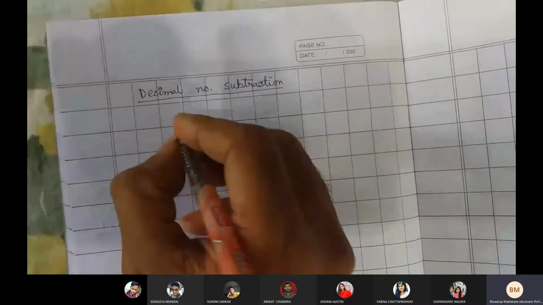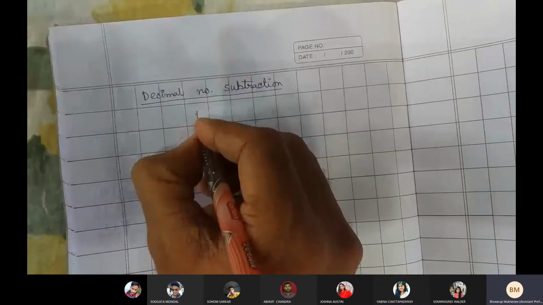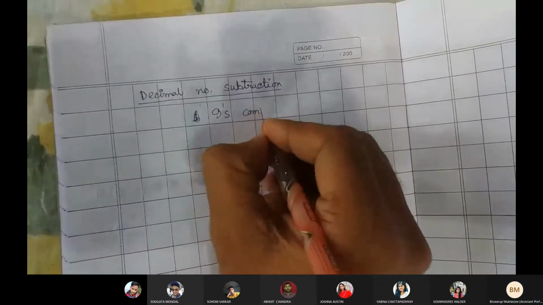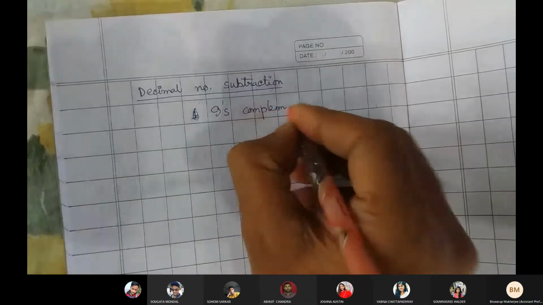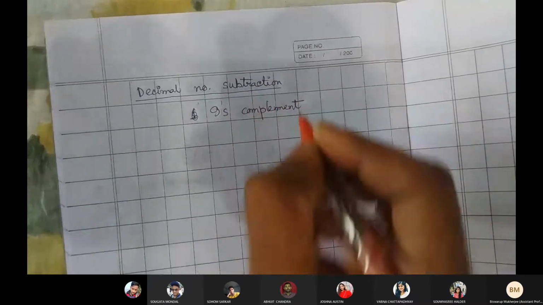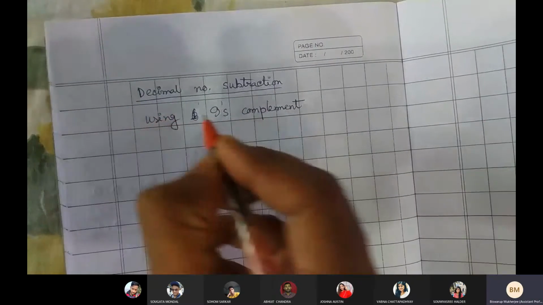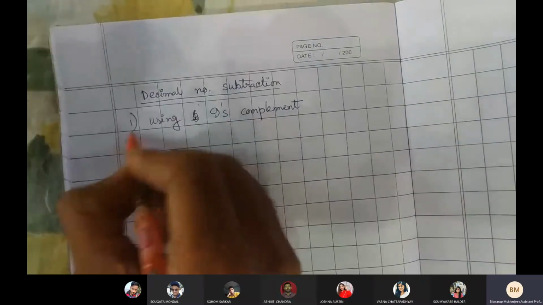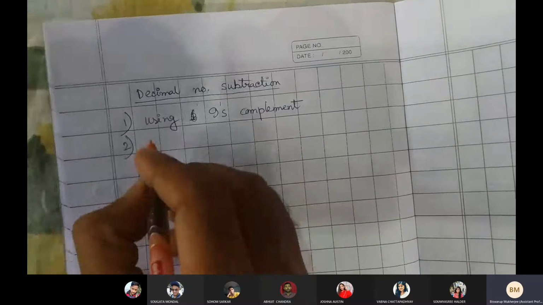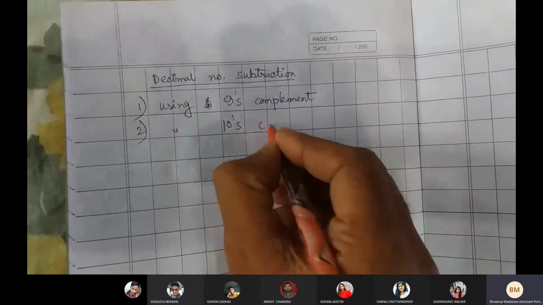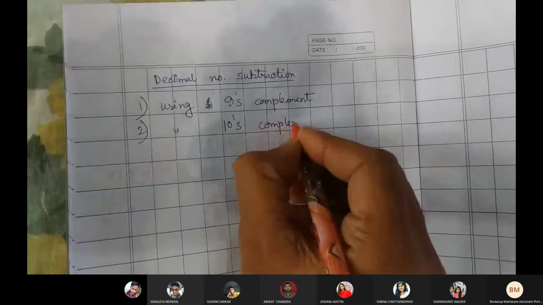We'll be starting with the nines complement method first. That is one process. Another process is using the tens complement method. Both are possible. Do you know this one?